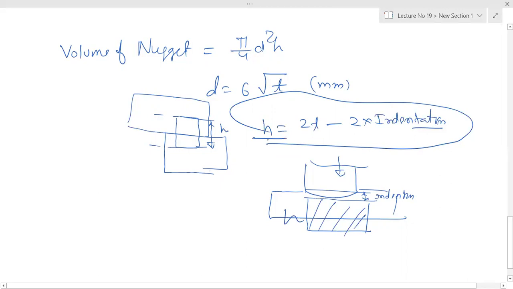If they have not mentioned the height of the nugget, you have to use the diameter and thickness relation. If the diameter is not mentioned, and if in your problem it is very clear that the diameter of the electrode is equal to the diameter of the nugget, then you don't use this. If nothing is mentioned, you have to use this.